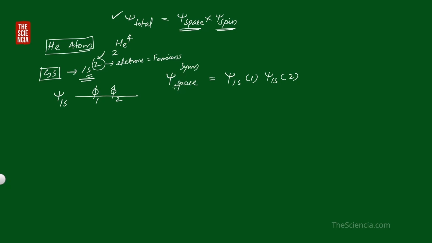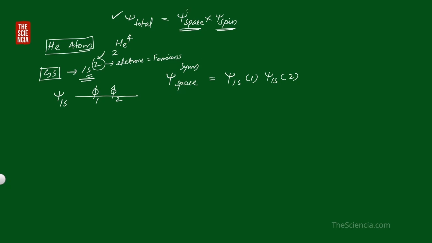Earlier I told you, if there is only one state and 2 particles are there, then only a symmetric wave function is possible. There will not be any antisymmetric wave function, because there is no way to write the minus sign, right? You have to interchange the particles, then only we can write the minus sign. Here we can't interchange the particles, so there is no antisymmetric space wave function for particles in a single state. Okay.